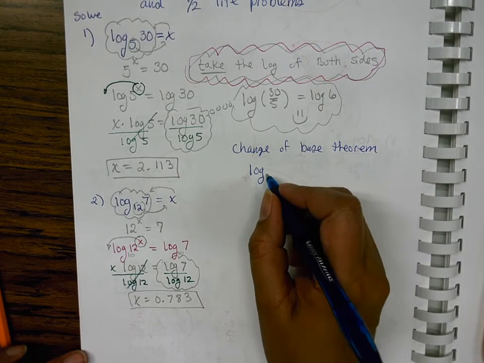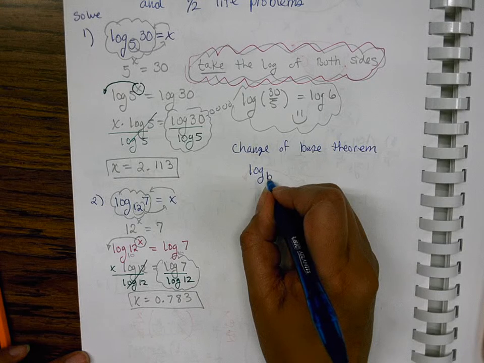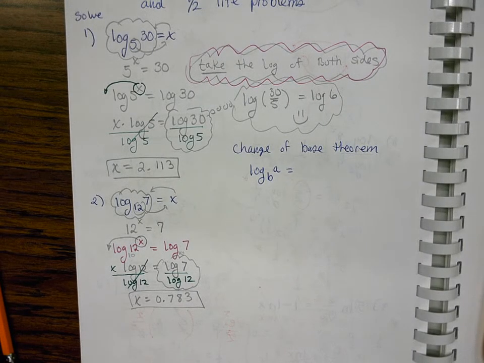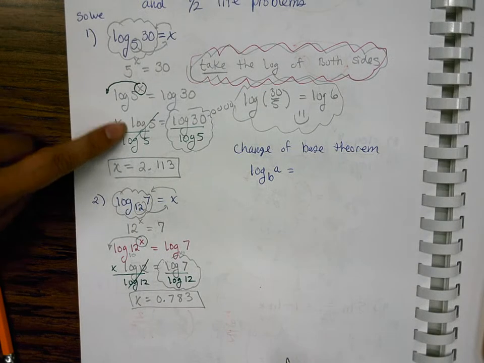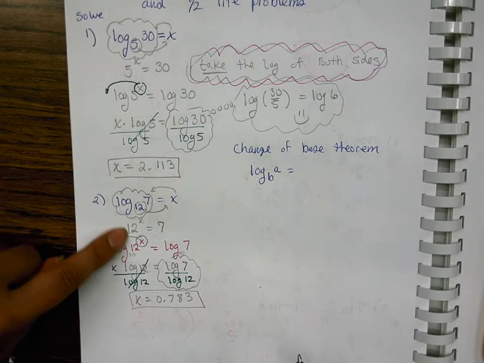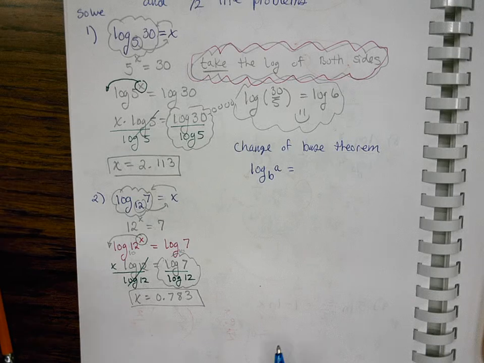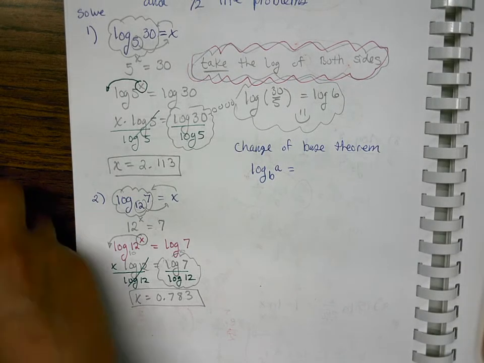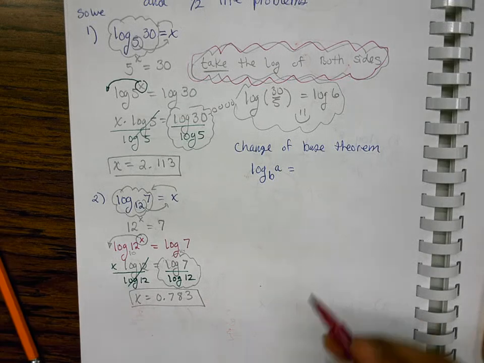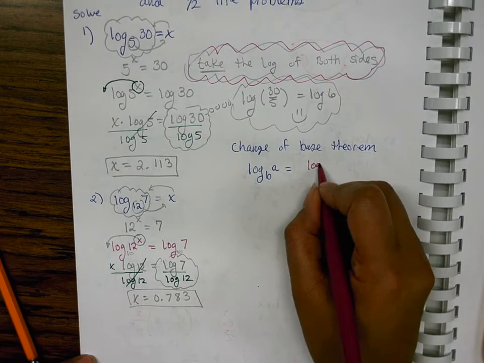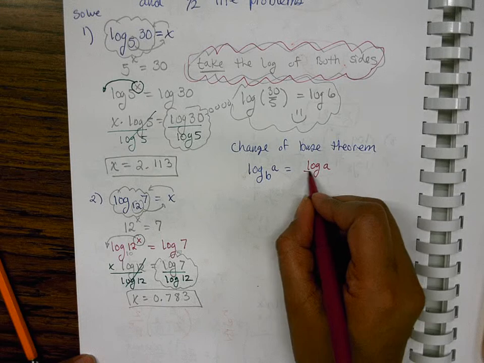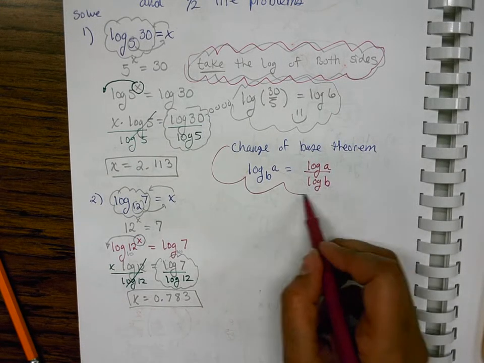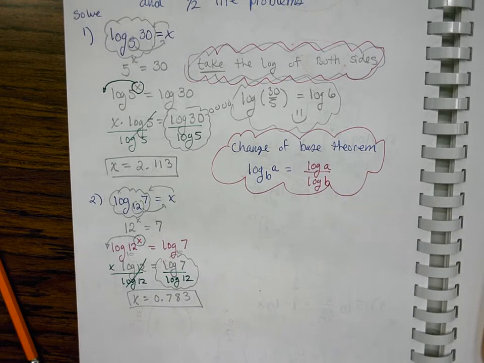Change of base theorem states if I have log base b of a, and I want to plug it in my calculator, I can do all this beautiful work, which is really beautiful and not a problem doing it. But if we want to save time and we're trying to use the change of base theorem because it's asking us specifically to use it, we should recognize that it equals log of A divided by log of B.